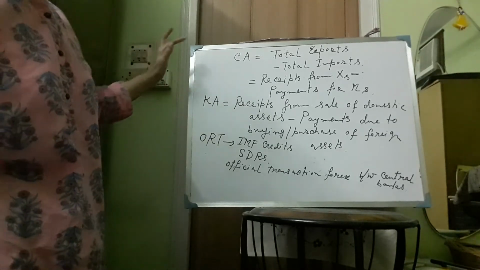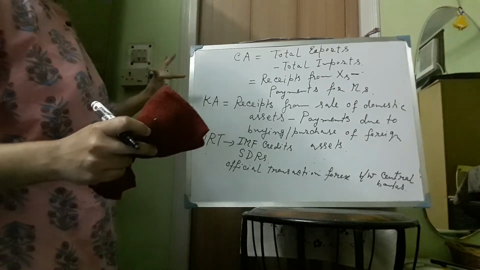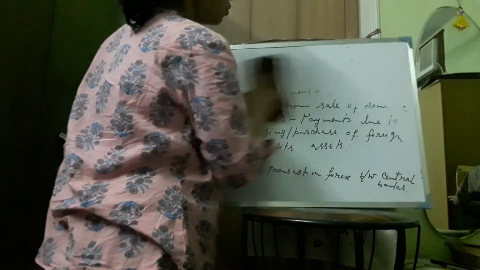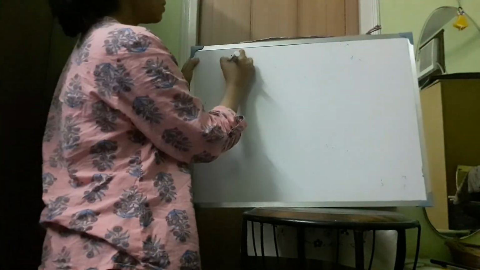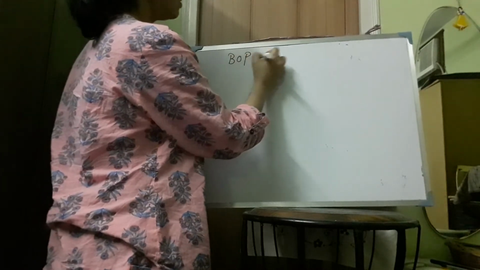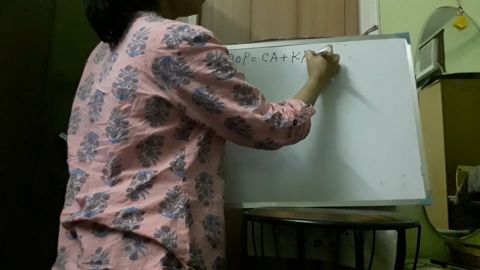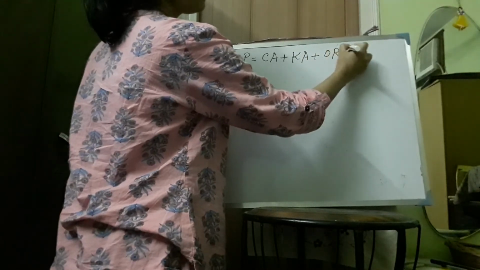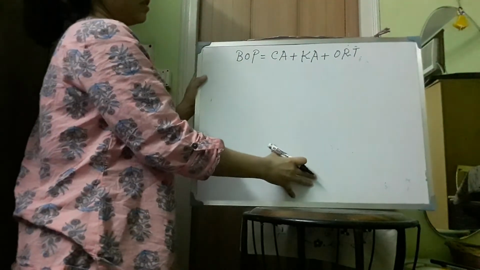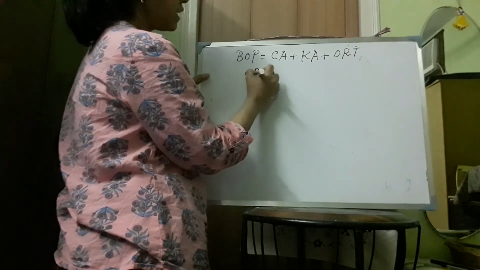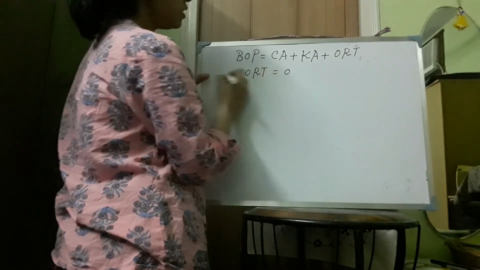Now if we take the sum of CA, KA and ORT, then we get the total balance of payments of a country. So BOP is equal to CA, that is the current account, plus capital account plus ORT. Now to make the thing simple, we are assuming that ORT is equal to 0.